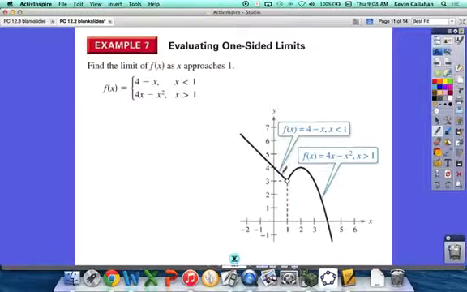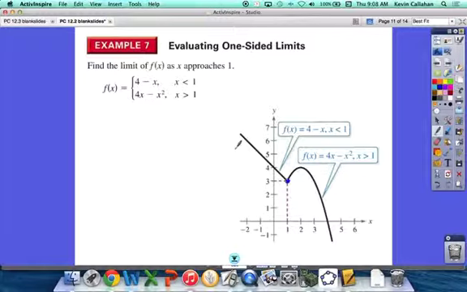If we were able to keep going until we got to x equals 1, it looks like we'd be right there, which is 3. And if I did a right-handed limit, I'd be coming around this side, and it looks like it's pointing in the same place at 3. So the left-handed limit is 3. The right-handed limit is 3.